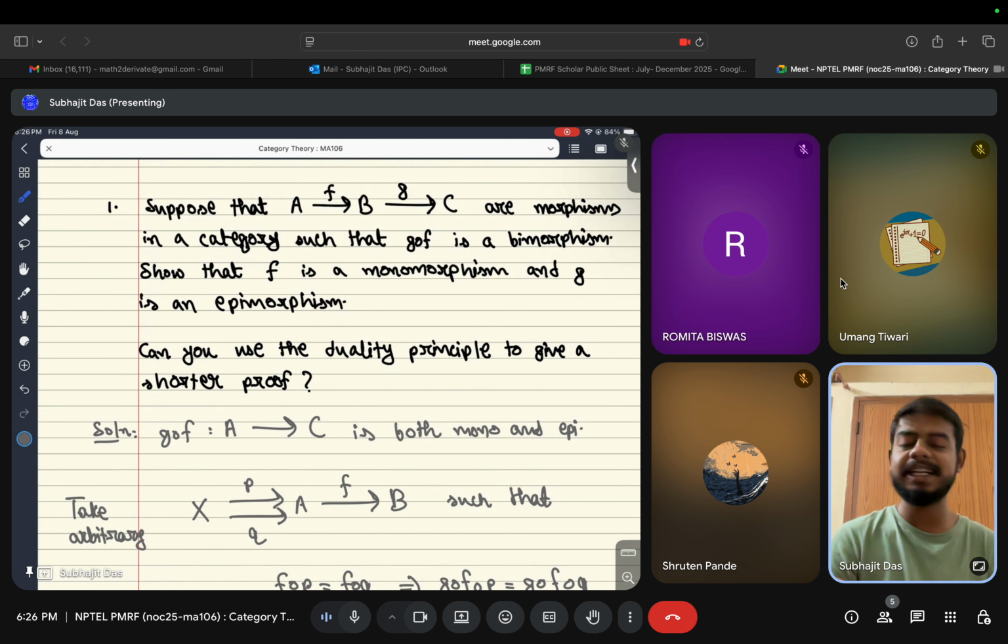So if in a category C a particular statement holds, then in the opposite category C op the dual statement will hold. The dual statement is obtained from the original statement by keeping the objects the same, just reversing the direction of the arrows and replacing every composite G composed F by F composed G, or if you prefer, F op composed with G op. So the question is, can you use the duality principle to give a shorter proof?